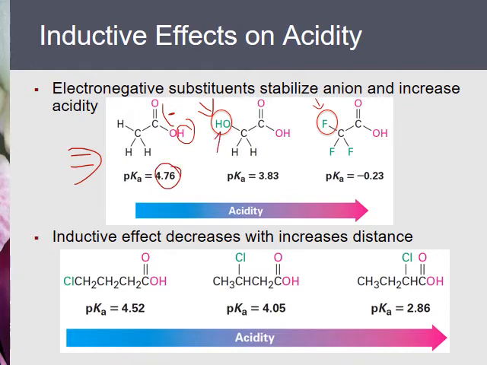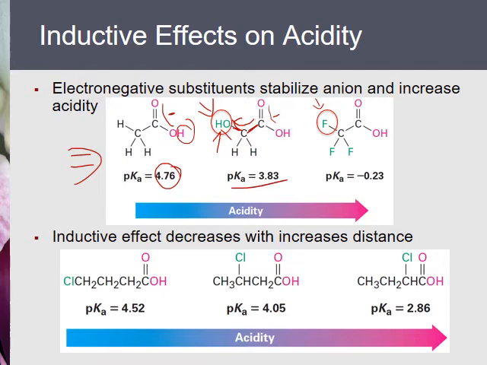When a hydroxy group is added, it will pull the negative charge away from the acetate anion through this carbon-carbon bond, carbon-oxygen bond, and this is called the inductive effect.